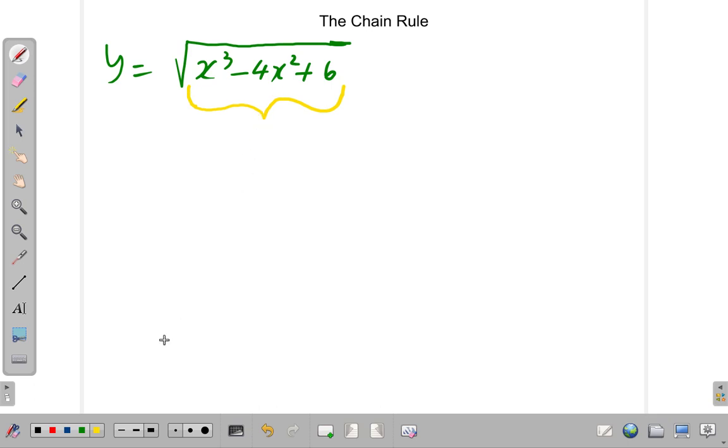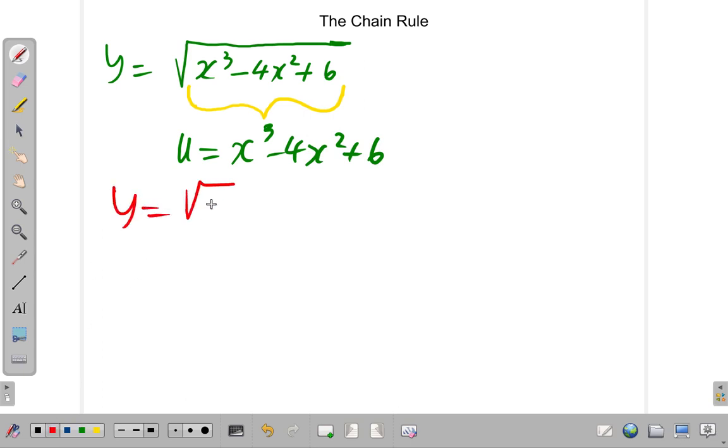So the inside function in this case is x cubed minus 4x squared plus 6. So u is equal to x cubed minus 4x squared plus 6. And then you can see that y is equal to the square root of u.